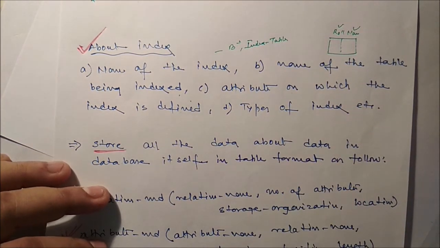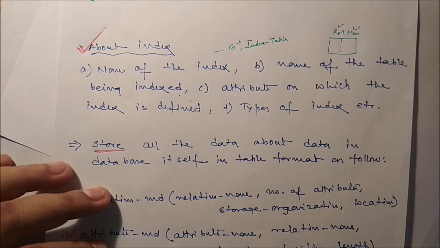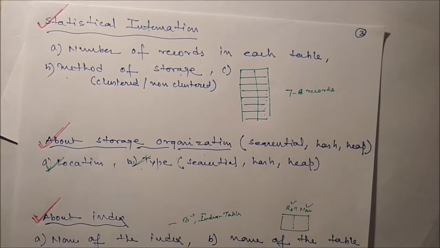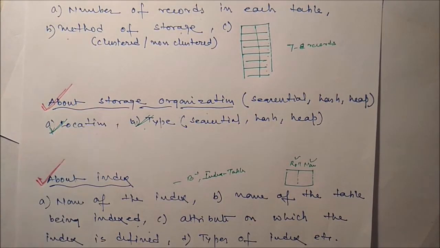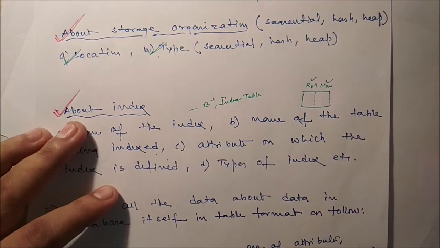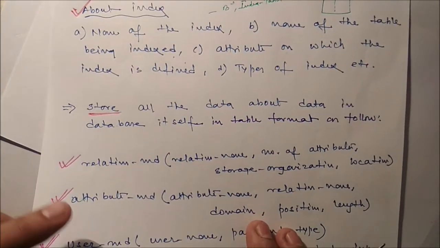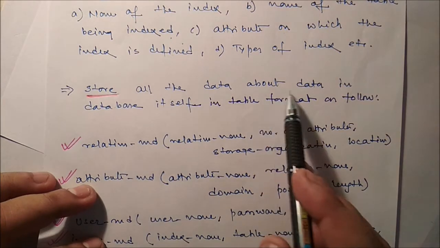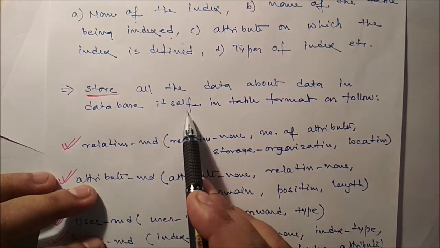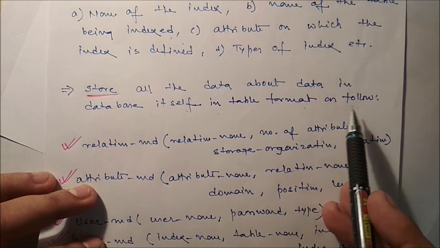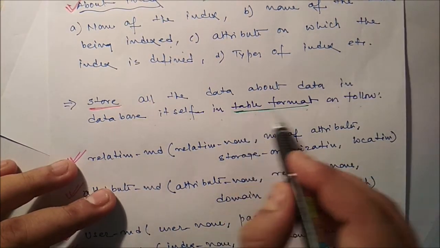So in the data dictionary we store information about the users, the system, the statistical information, the storage organization, and the index. All this information is stored in tables. We store all the data about the data in the database itself in table format. This is also stored in table format.